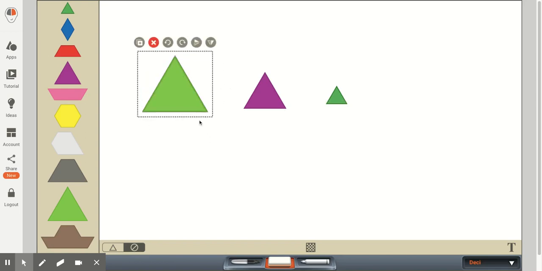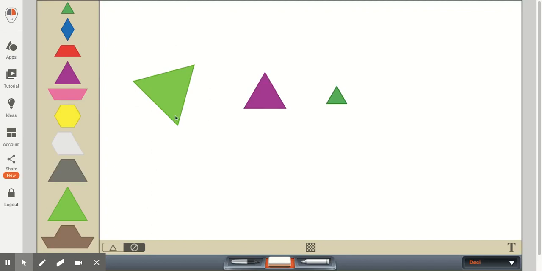And one other non-defining attribute is the orientation or the direction that the shape is turned. So for instance, if I turn this triangle, this is still a triangle. It has three straight sides and it has three angles.